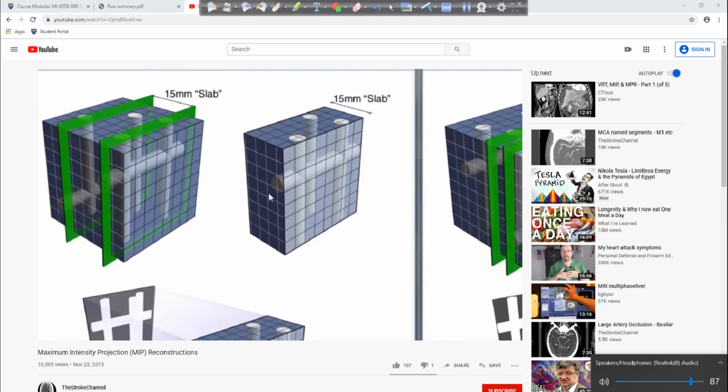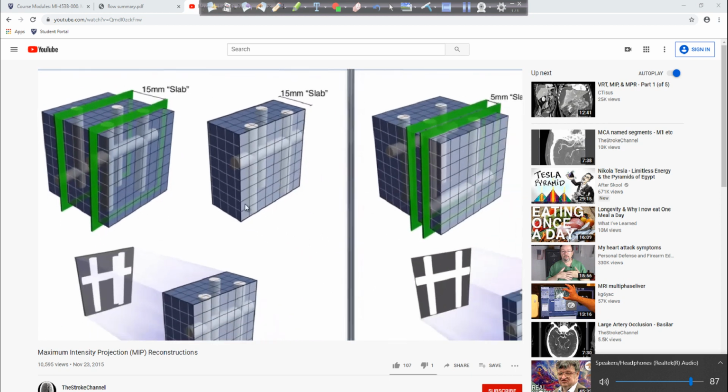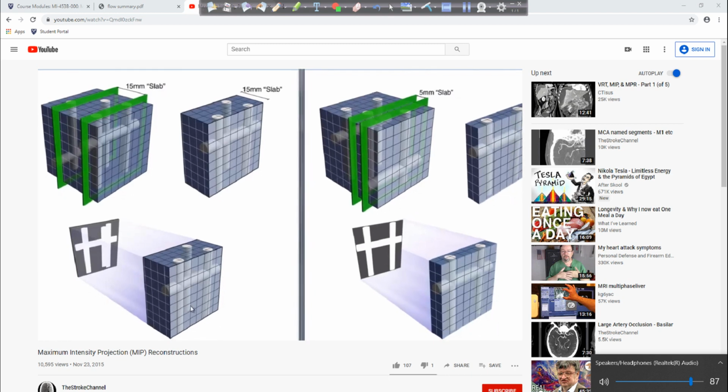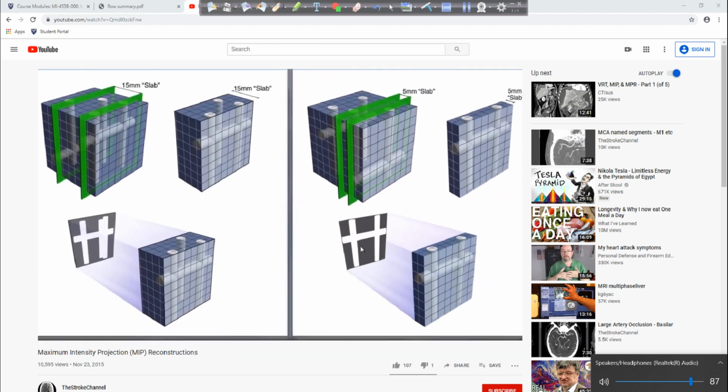Then this is our new volume, and that is what we're projecting along into our 2D representation, following that same maximum intensity rule, looking through each stack of voxels, where this one is dark, this one has some bright content, so it's going to end up bright, and so forth. Depending on what thickness we set, we're going to overcome that problem of too much superposition of these contrast-filled arteries. And at some point, there will be an optimum thickness.